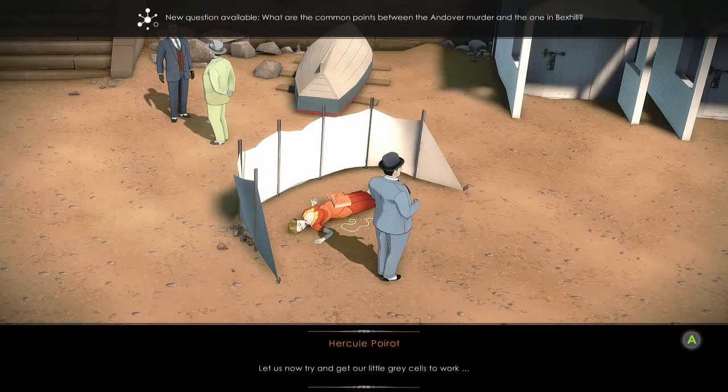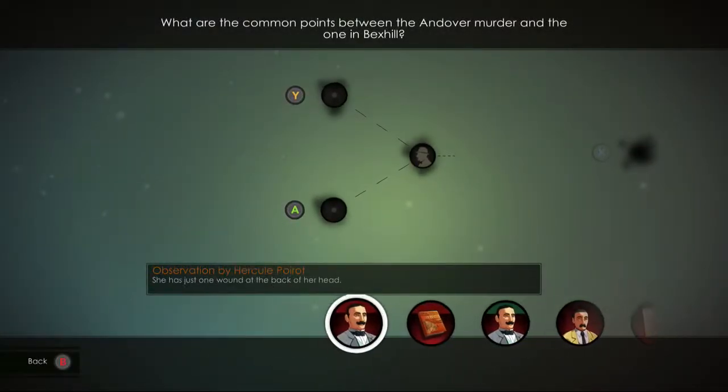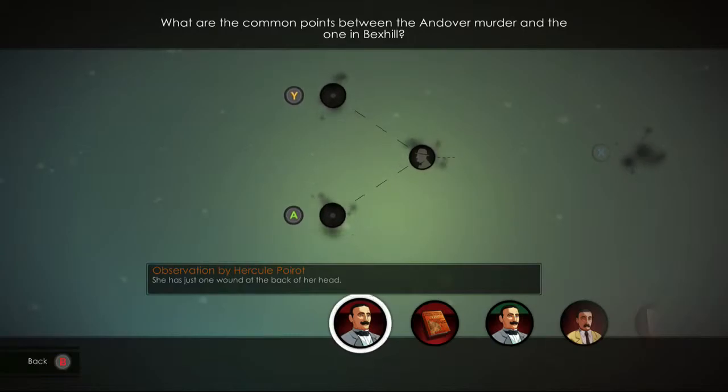Let us now try and get our brain cells to work. One of the common points between the Andover murder and the one in Bexhill.